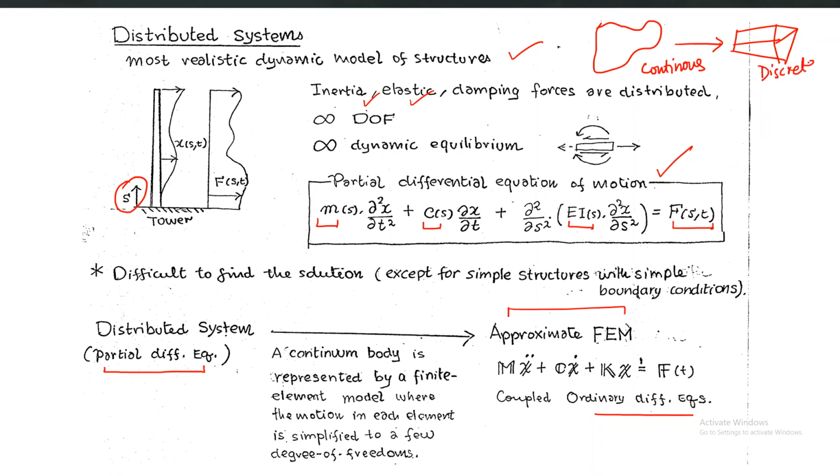Now the discrete model will have some finite degrees of freedom, although it may not be able to represent these continuous structures with full accuracy, but it can be used to practically calculate the dynamic response within a reasonable degree of accuracy. So our target is to set up a realistic discrete model which should be able to capture the dynamic response with an acceptable accuracy.